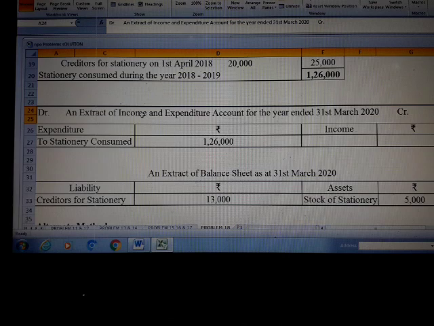It can be for an income and expenditure account, for a receipts and payment account, for a balance sheet or whatever it is. You can have an extract. So here we are preparing only an extract. Why? Because all our focus was on preparation of the respective stationery account, and after preparing stationery we are just preparing the income and expenditure account, whereby we have to debit the value of stationery consumed.